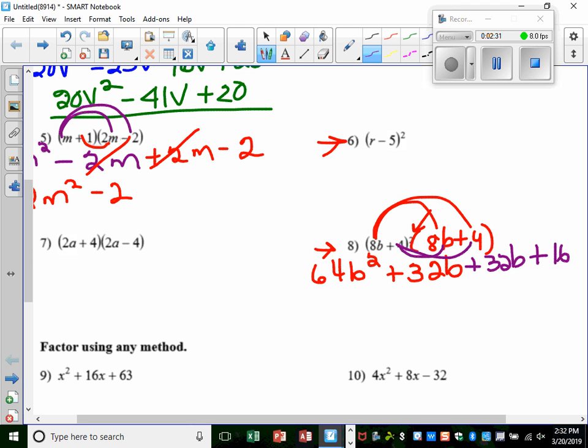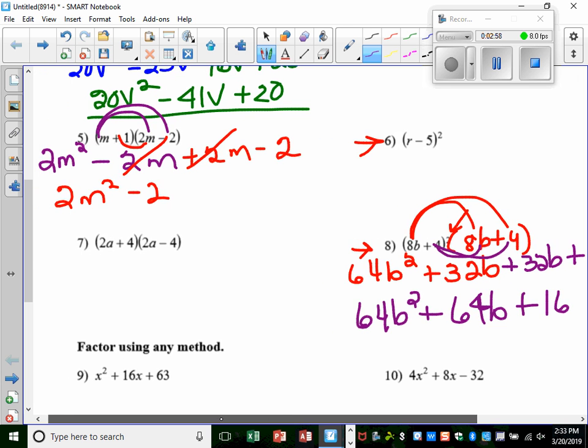Okay, first, outer, inner, last. All right, we can combine the middle terms. Okay, the 32 and the 32 is 64. And then plus the 16. Okay. And everyone should get this part right, because you can see all we're doing is just using the distributive property. Okay, just remember, if it's squared, you got to write it out again.